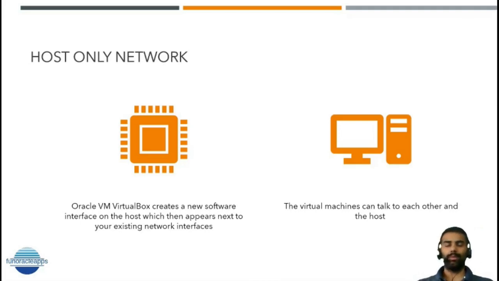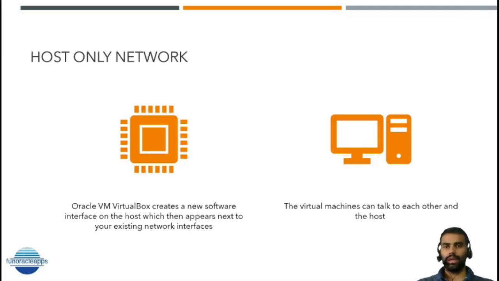Like if I am doing some type of Oracle RAC setup or high availability setup where I need multiple IPs, let's say some IP starting with range 192, some IP starting with range 10, I create multiple adapters and use those adapters to make interconnectivity between the VMs.